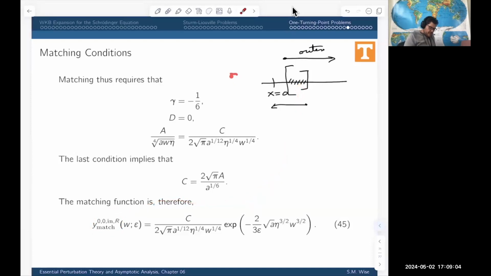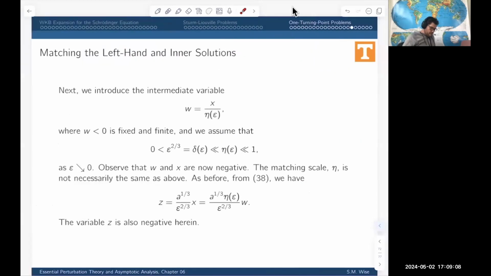Now we have to do the same thing on the other side. Match the left-hand outer to the inner solution. Again, you introduce an intermediate variable w. In this case, w should be negative because x is negative. Your eta scale, you should agree to make that positive as usual. And it satisfies a similar sort of scaling.